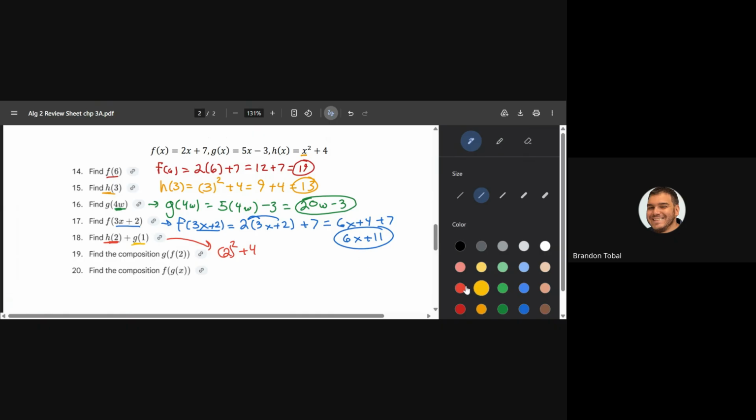And then plus g of 1, which is 5 times 1 minus 3. So 2 squared is 4. 5 times 1 is 5. 4 plus 4 is 8. 8 plus 5 is 13. 13 minus 3 is 10. So the final answer for that one is 10.